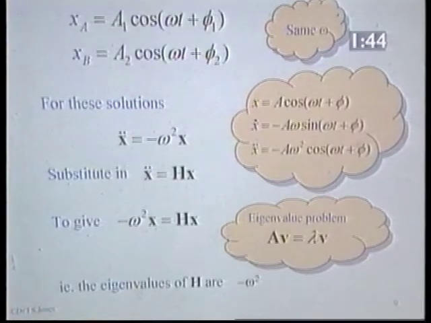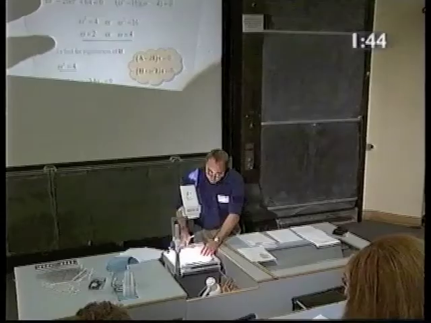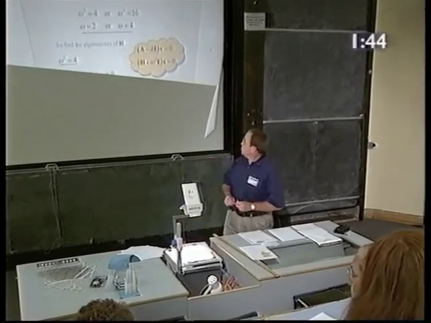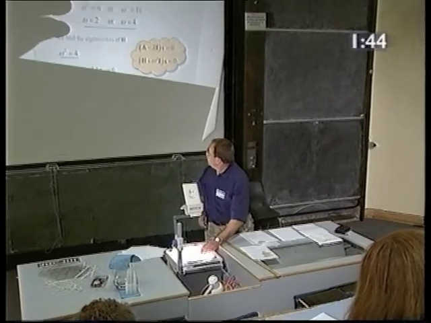And so what we want to do now is find the solutions of the equations, which are the eigenvectors. This is the unknown vector x. The solutions are the eigenvectors. So what we want to do is find the eigenvectors belonging to each of these eigenvalues in turn.